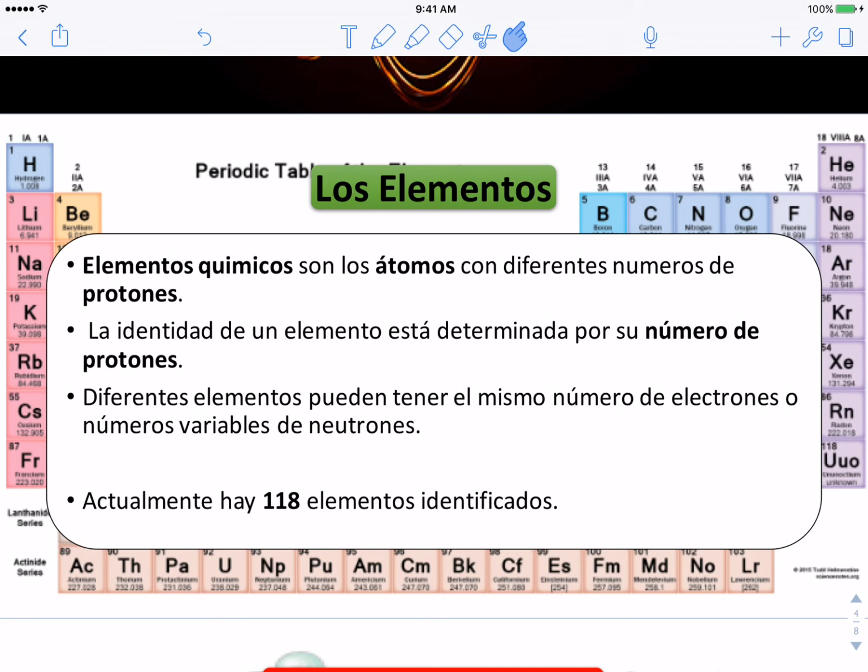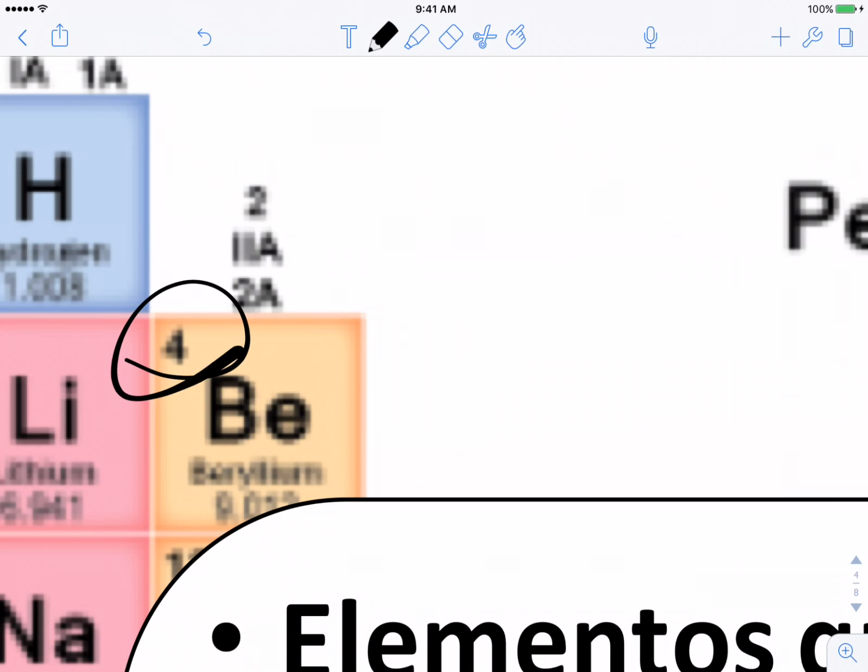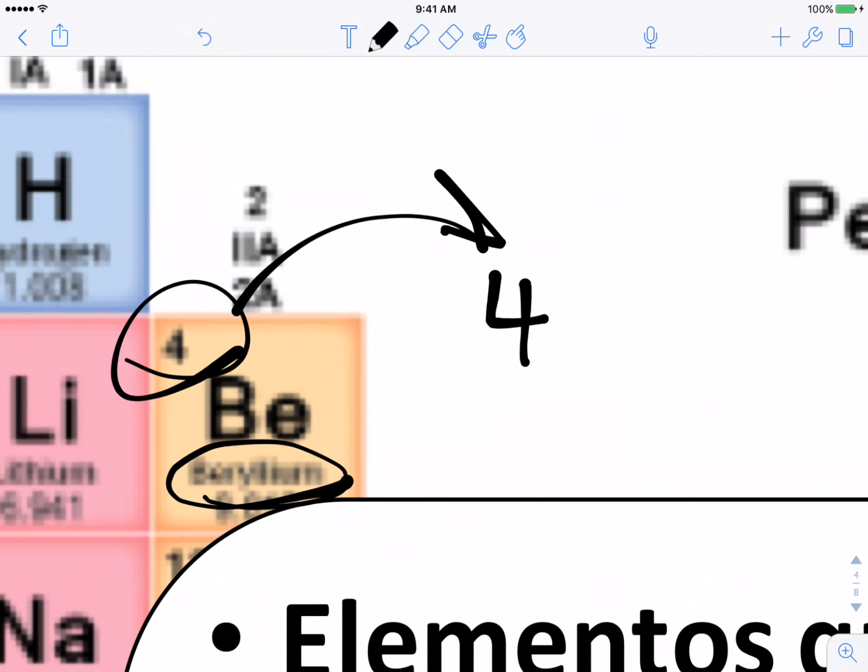The main thing is that if you have an atom, you need to look at the number right here. This number, el número aquí, describes what atom you're looking at. So this 4 means that this beryllium has 4 protons.